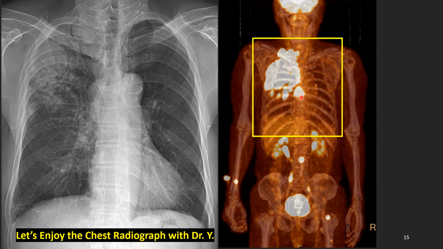CT, chest CT and chest X-ray showed only this. But how about on this PET-CT fusion imaging? Vertebral metastasis, femur neck metastasis, upper femur metastasis. Yes, we see much more than the CT can show on the PET-CT fusion image.